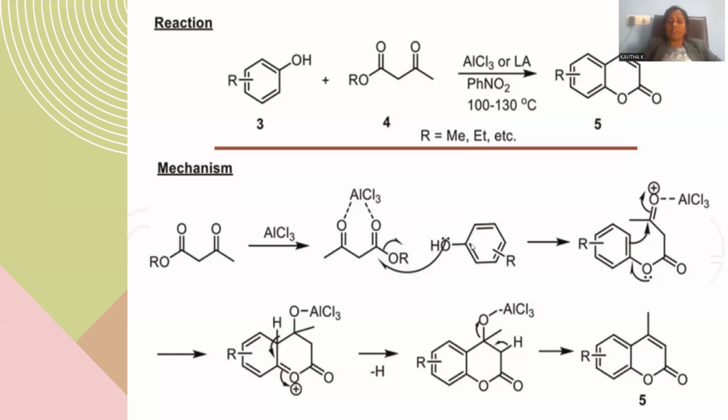Whenever the chelating ring is formed, this carbon atom participates in a nucleophilic addition with this phenolic moiety. Phenol is operating over there. Subsequently, the alkoxy group will be departed, giving rise to oxygen.